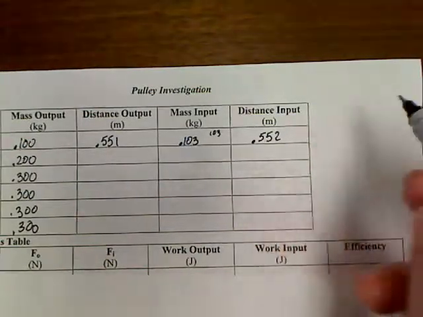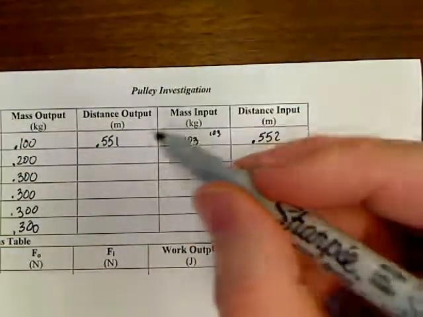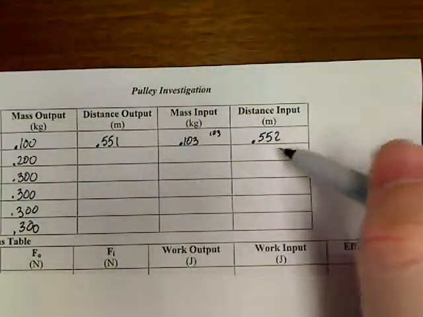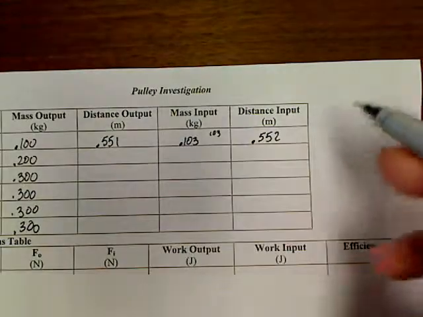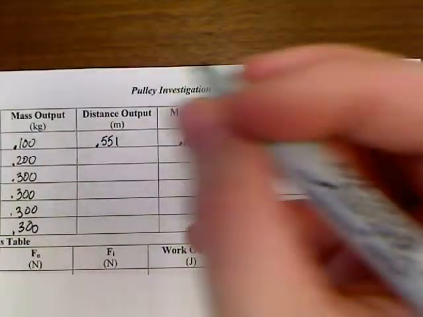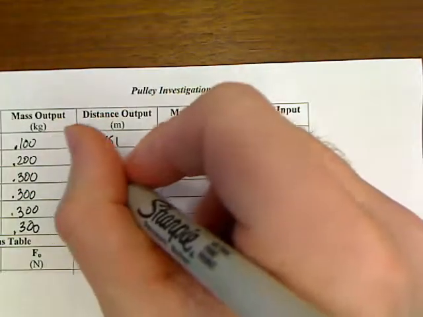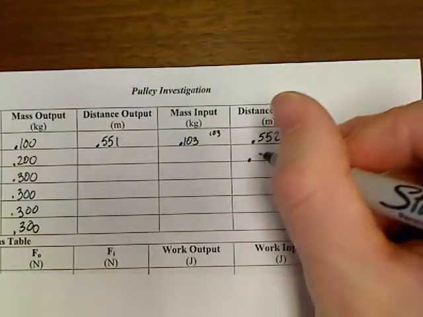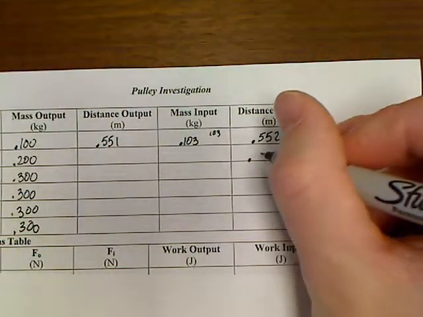Now you should notice a trend in this lab. Distance output should be less. After the first one, distance output should be less every single time for the rest of them. And there's even a pattern. It's done by the factors 2, 3, 4, 5, and 6.